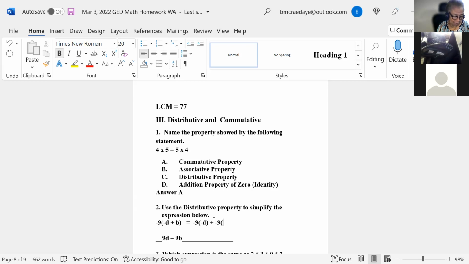In other words, that -9 applies to everything in the parentheses. So you multiply it by the minus D and you multiply it by the plus B.